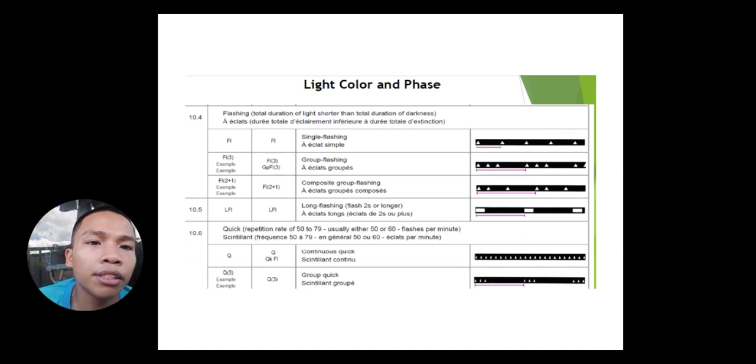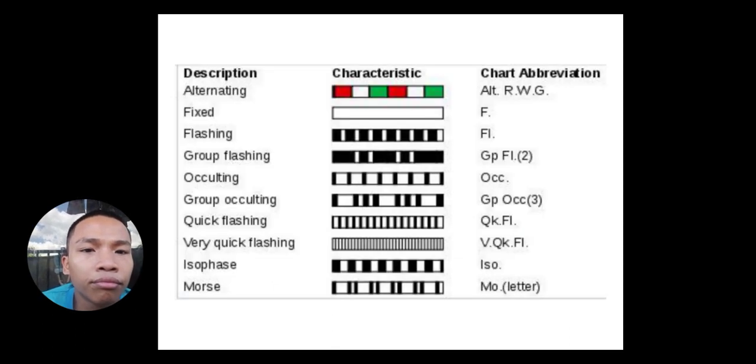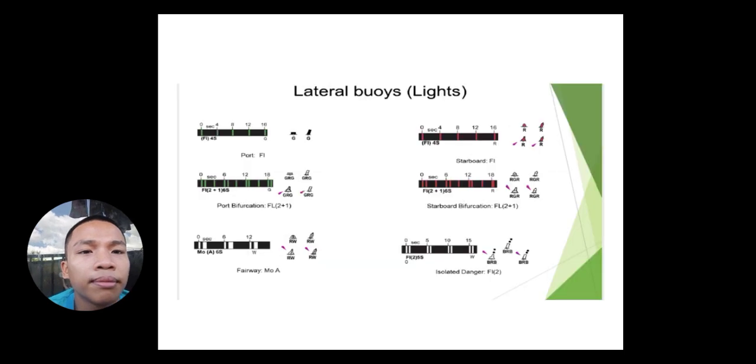The single flashing, the group flashing, the composite group flashing, the long flashing, the alternating, the fixed, the group of occulting, the quick flashing, the very quick flashing, isophase, and Morse.